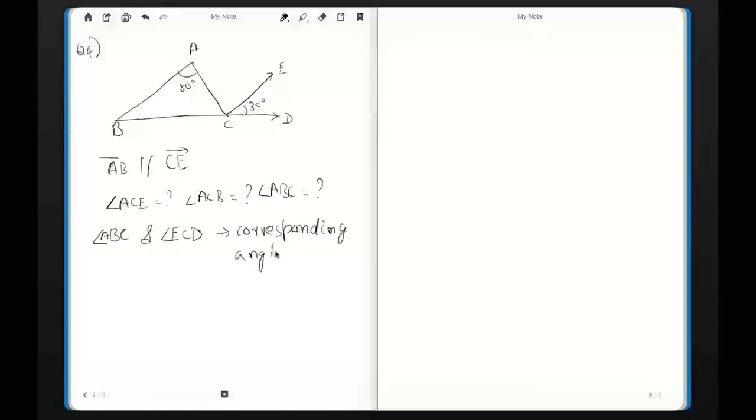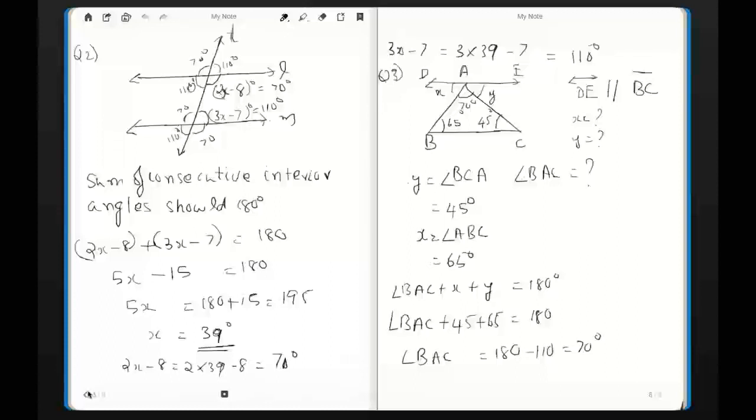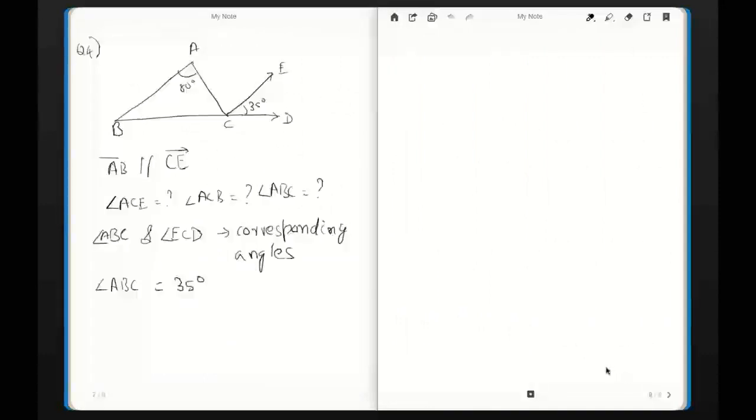They are corresponding angles, and if they are corresponding angles, that means angle ABC is equal to 35 degree, right? Angle ABC is equal to 35 degree. All right, and so if angle ABC is equal to 35 degree, right? So this is 35 degree. So that is given. So angle ABC is found.